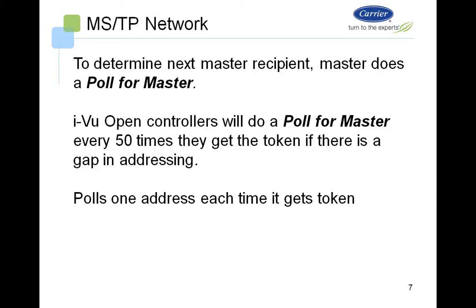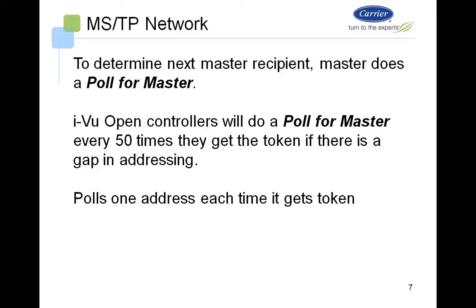This poll for master is only going to occur if there are gaps in the addressing scheme of your system. So if you have controllers with addresses, say, 5, then 10, then 15, and then 20, as a result of having those gaps between the controllers, poll for masters will be initiated.